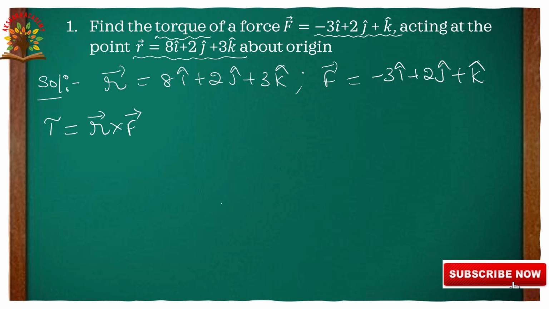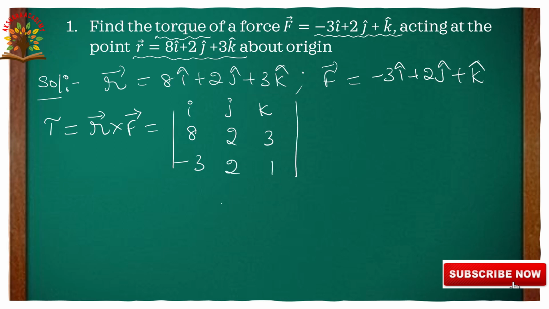So R bar cross F bar equals the determinant of i, j, k. Now we are finding the cross product of R and F. The components of R bar are 8, 2, 3 and the components of F bar are minus 3, 2, 1.